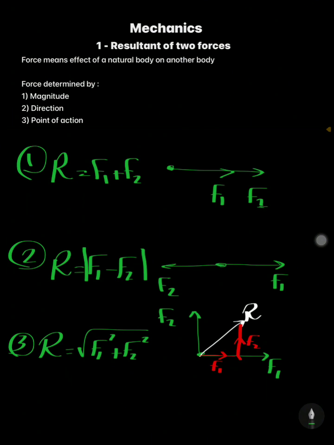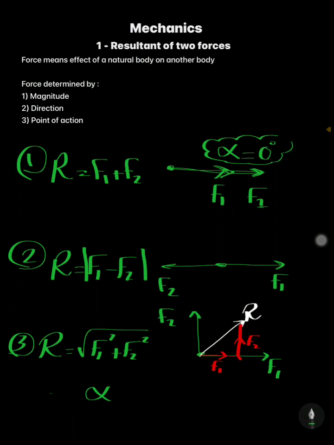The angle between the two forces is denoted by this symbol, alpha. Alpha means the angle between the two forces. If the two forces act in the same direction, like the first case, so alpha equal 0 degree.